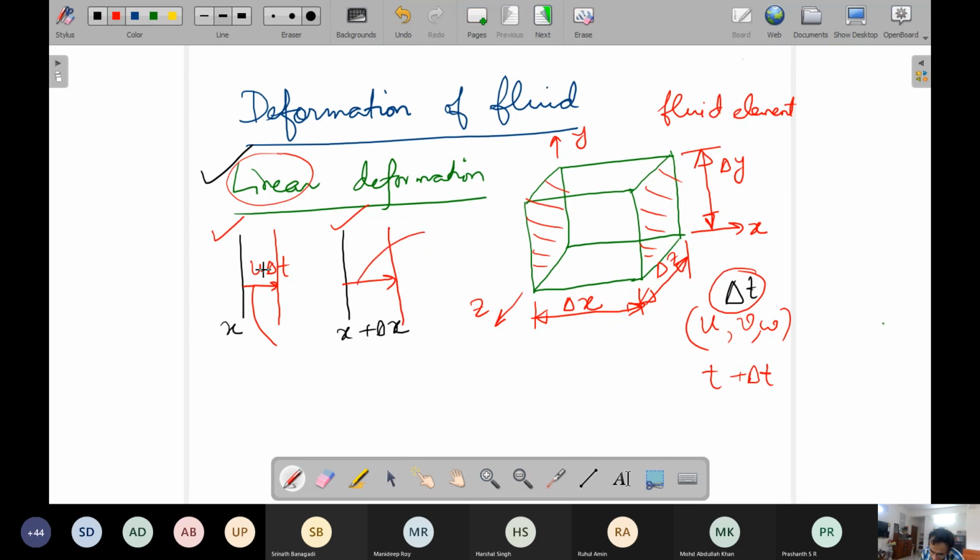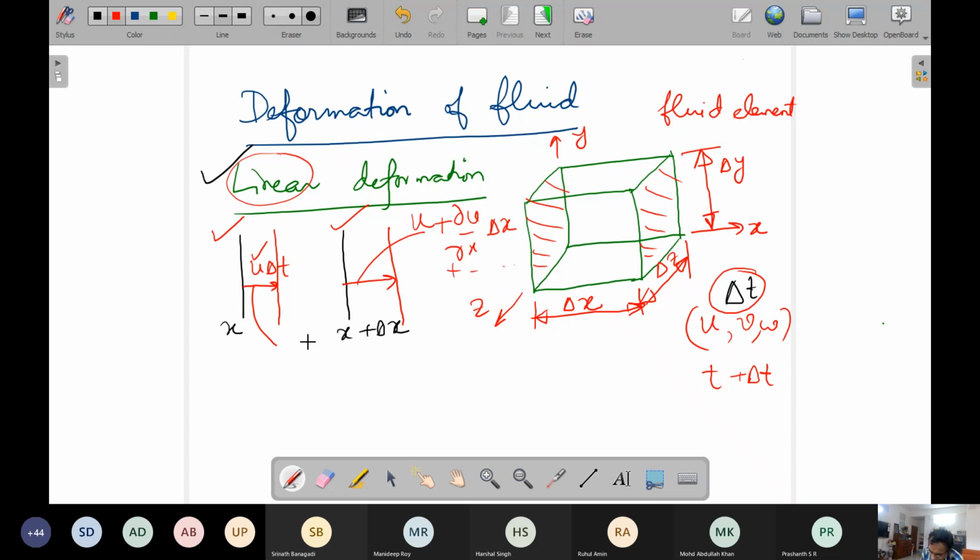So if this is u at x equal to x, what is u at x equal to x plus delta x? That is this u plus, so we are actually expanding this in Taylor series. So u plus the partial derivative of u with respect to x into delta x plus higher order terms.